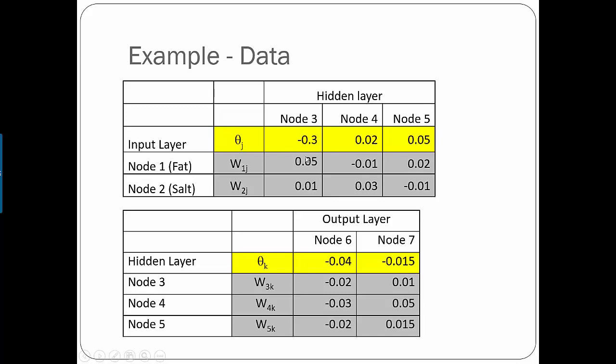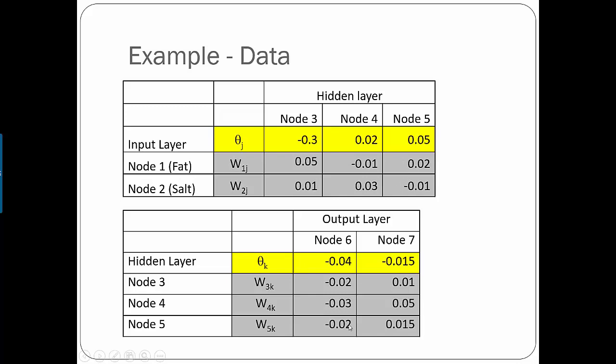We have a theta coefficient for nodes 3, 4, and 5, and then the arrows coming in from node 1 and from node 2 into 3. These are the weights. Then node 1 to 4, 2 to 4, these are the weights, and 1 to 5, 2 to 5, these are the weights.